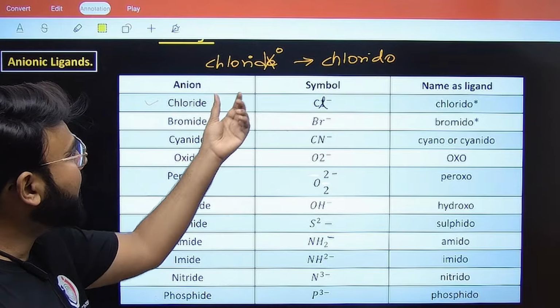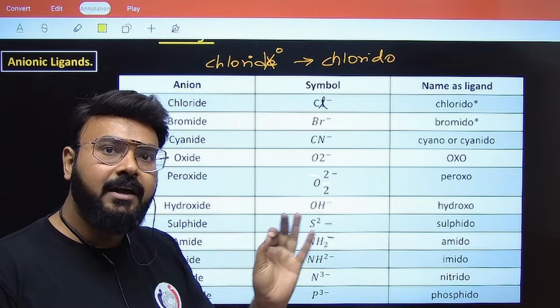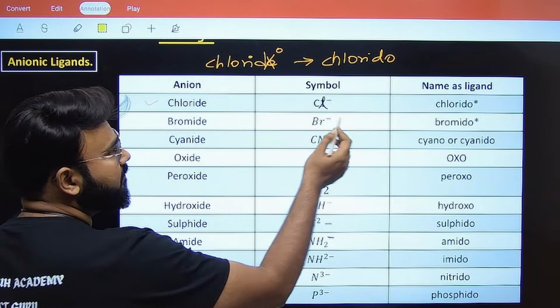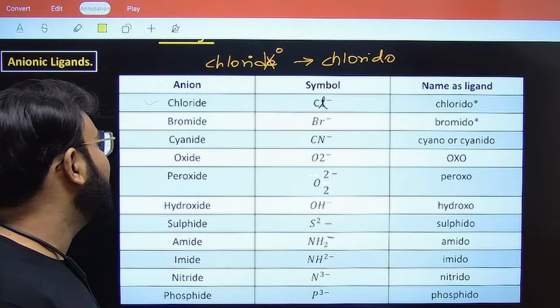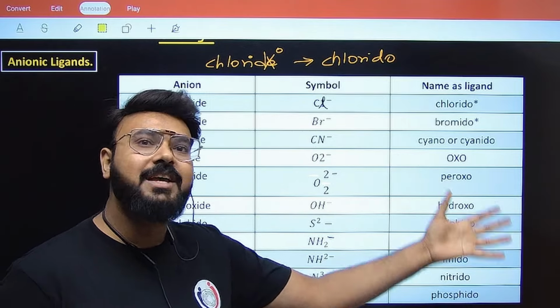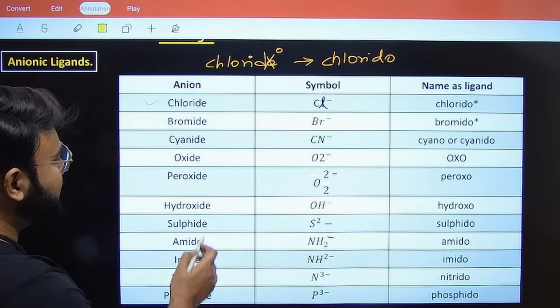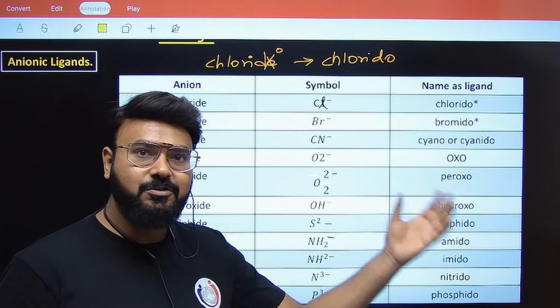In the IUPAC naming, for the negative ligands, you will strike off the last alphabet and replace it with O. That is why chloride became chlorido, bromide became bromido, and cyanide became cyano or cyanido. Oxide became oxo. Similarly, peroxide becomes peroxido or peroxo.